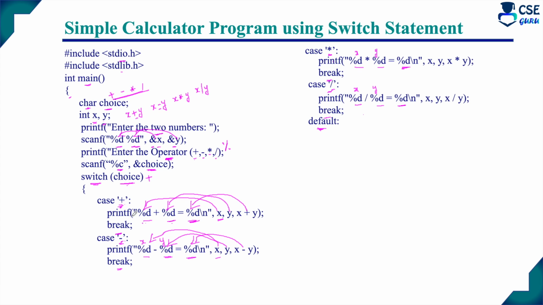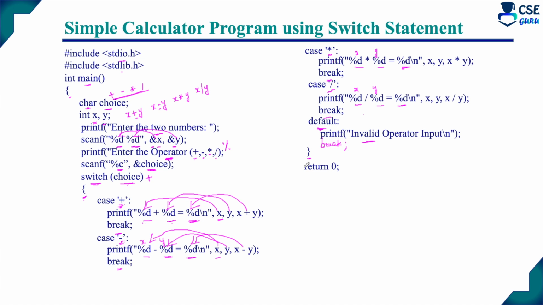If all the case alternatives fail, directly go to the default statement and execute what is specified in it. Here we have specified invalid operator. If plus, minus, star, or slash is there, perform the operation accordingly. Any other operator, display on the output screen as invalid operator. Then break. Now the switch statement ends here.